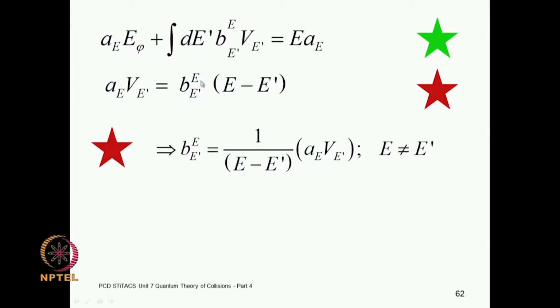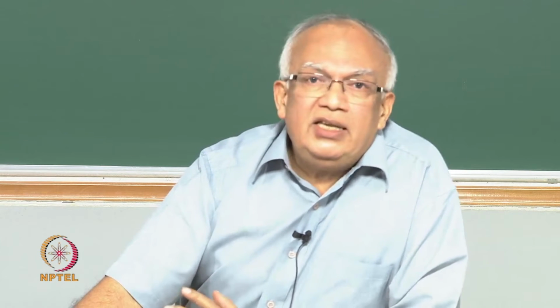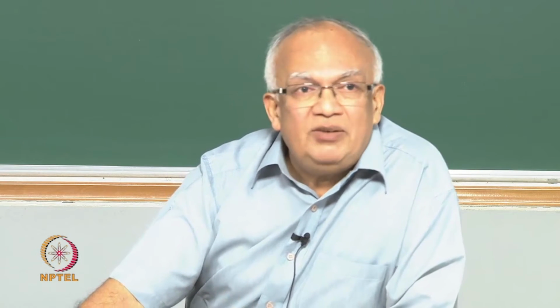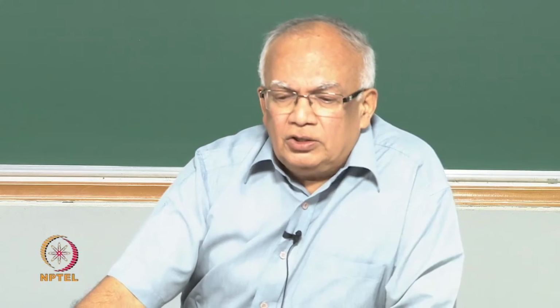From here we get B equal to A_E V_E divided by E minus E prime, which is fine as long as E is not equal to E prime. Okay. So, all this will work as long as E is not exactly equal to E prime, but that is just the case we really want to handle.